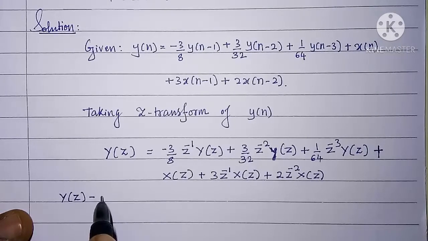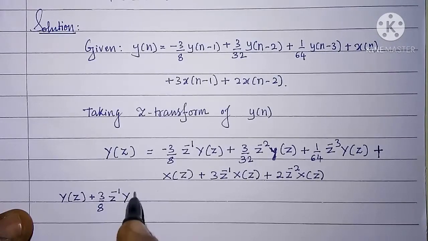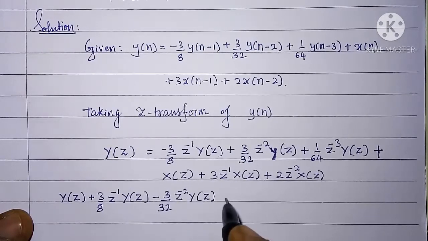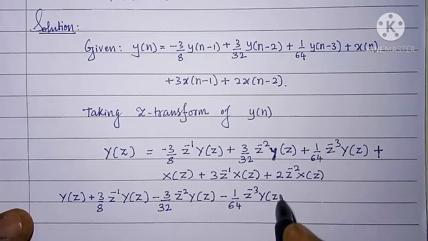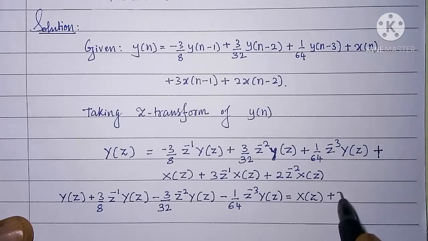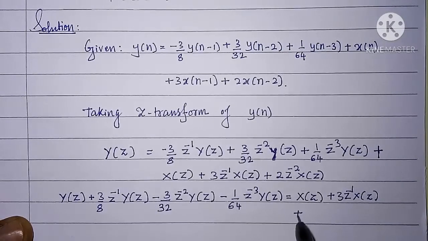Y of z minus, of minus will become plus here, 3 by 8 z raised to minus 1 Y of z minus 3 by 32 z raised to minus 2 Y of z minus 1 by 64 z raised to minus 3 Y of z equal to X of z plus 3 into z raised to minus 1 into X of z plus 2 into z raised to minus 2 into X of z.